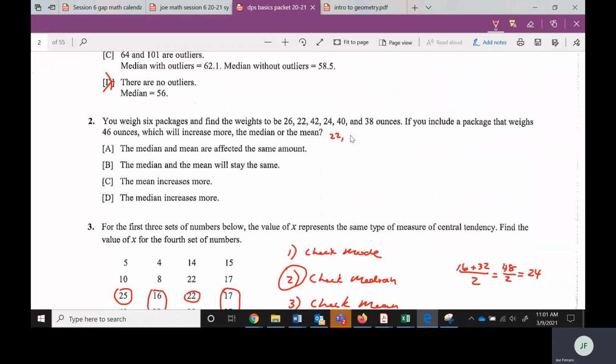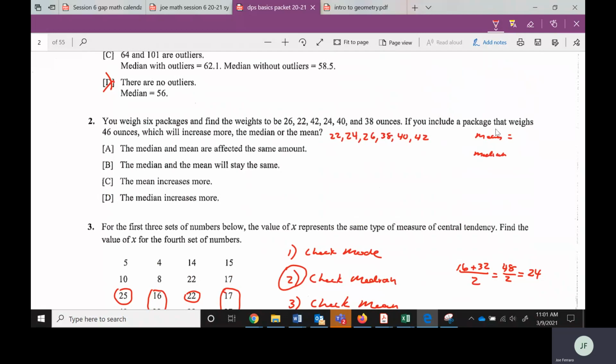So we have 22, 24, 26, 38, 40, and 42. And we are going to find the mean and median of those. And then we're going to do it when we add another number to it. So for the mean, I'm just going to save some time.